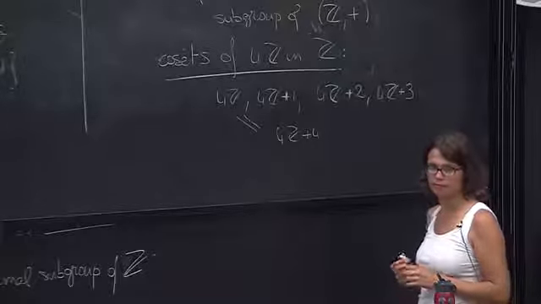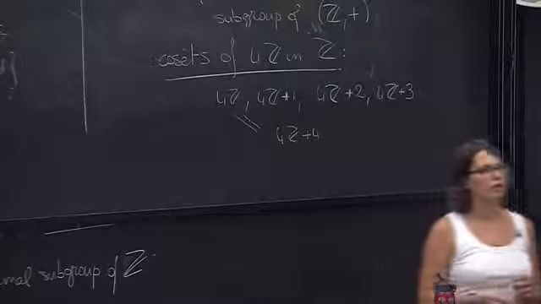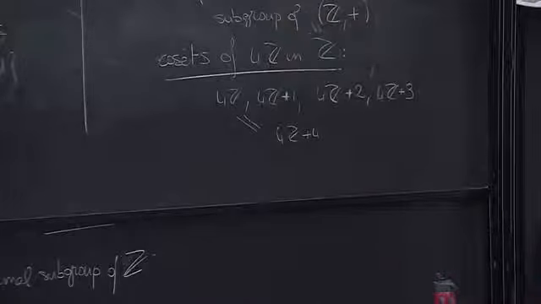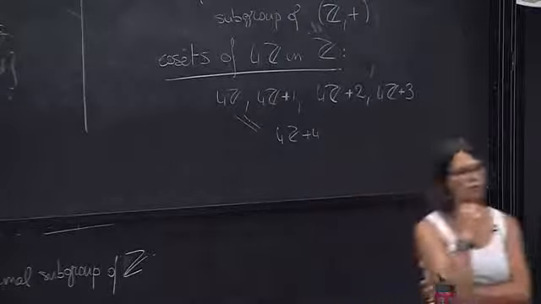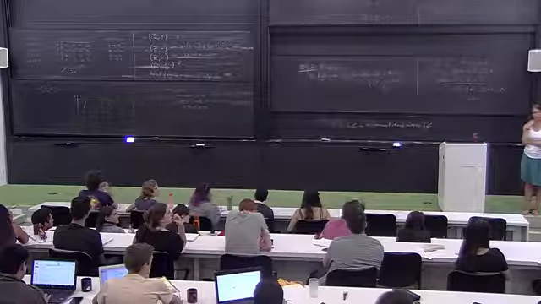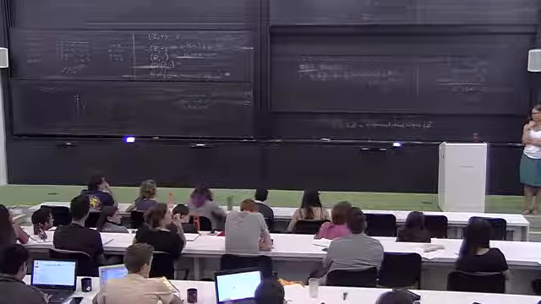Are all subgroups going to be invariant normal subgroups? Sorry, are all of the subgroups of abelian groups going to be invariant normal?